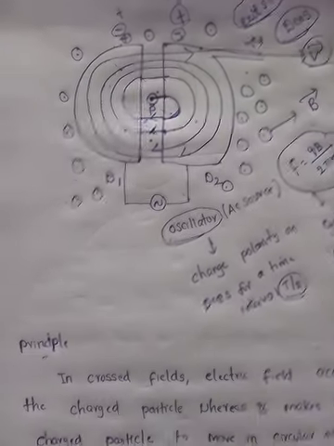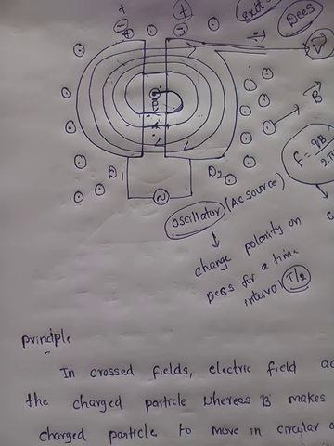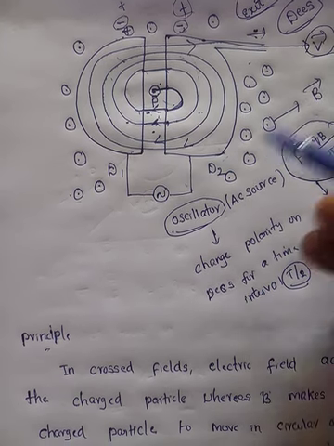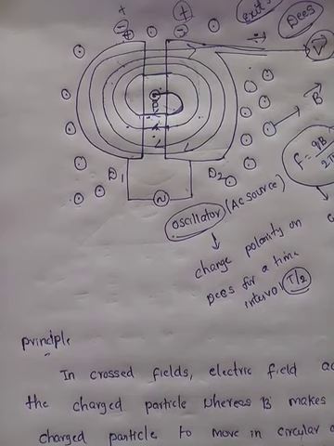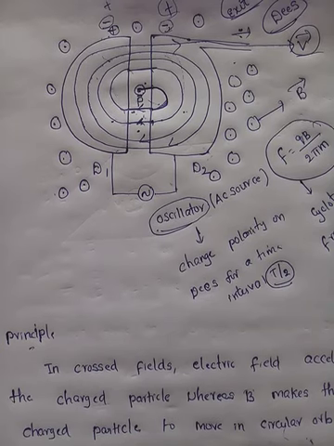Most of the time, the question asked is: draw the diagram of the cyclotron, write the uses of the cyclotron and the limitations of the cyclotron. So the diagram you can draw. Now, what are the uses? It is used to accelerate charged particles. It is also used to synthesize new materials. How?